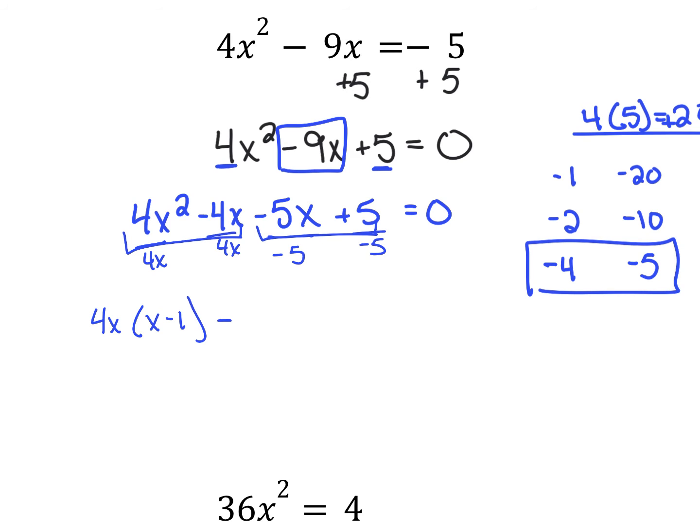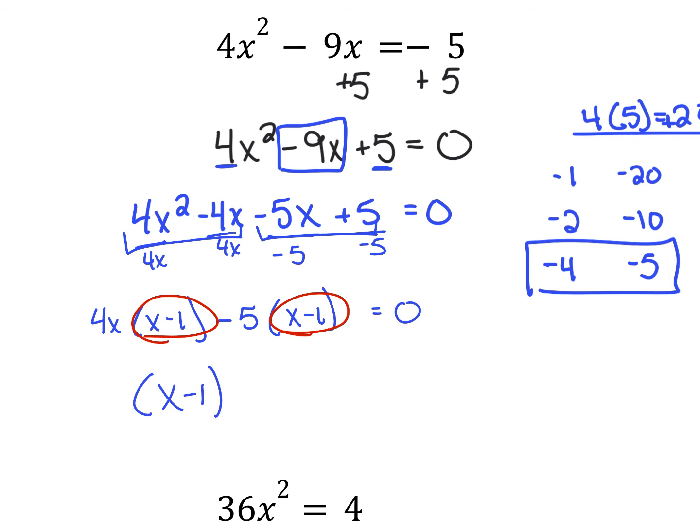So I'm going to divide by negative 5, and that will give me x minus 1. Okay, very excited because those two parentheses are the same. Which means we can rewrite it as x minus 1 and 4x minus 5 equals 0.